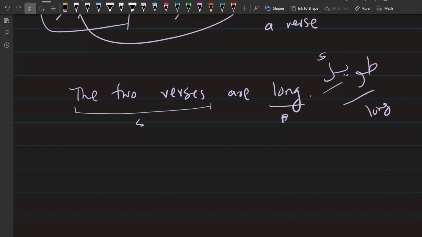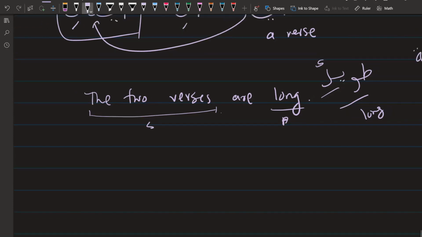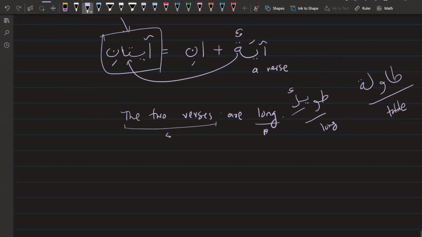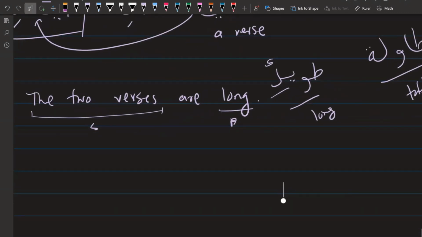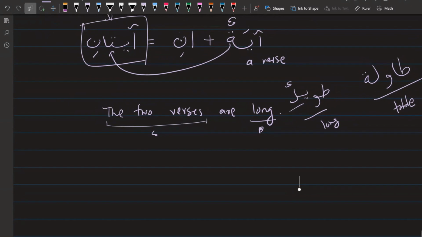How do we make a sentence? Just having the words is not going to help us, because we have to use a lot of grammar rules that we know. Now we know the two verses, which is ayatani, and we know how to say long. So let's start with the subject. We want to say the two verses.